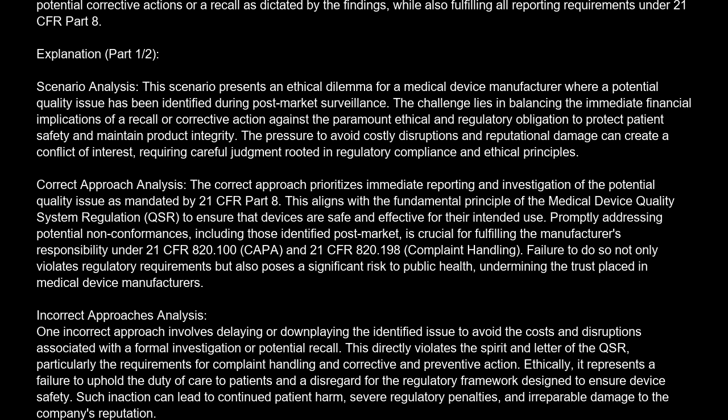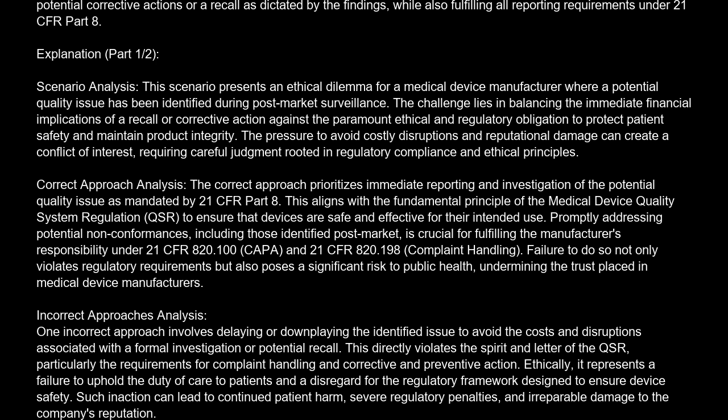Promptly addressing potential nonconformances, including those identified post-market, is crucial for fulfilling the manufacturer's responsibility under 21 CFR 820.100, CAPA, and 21 CFR 820.198, complaint handling. Failure to do so not only violates regulatory requirements, but also poses a significant risk to public health, undermining the trust placed in medical device manufacturers.